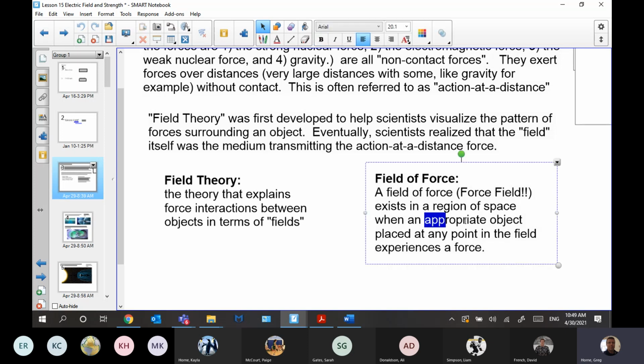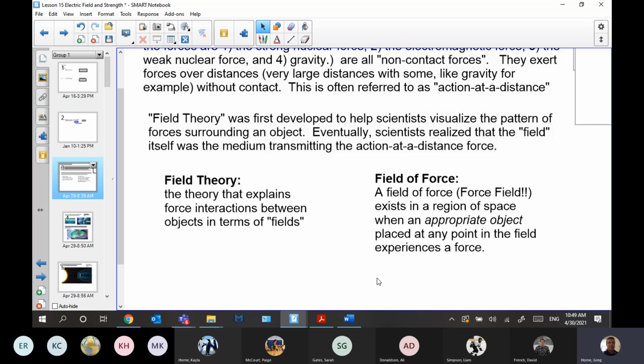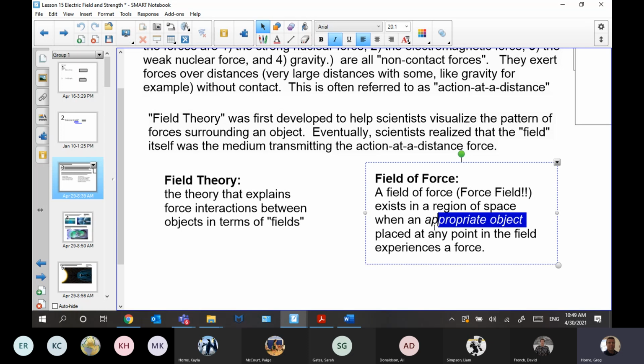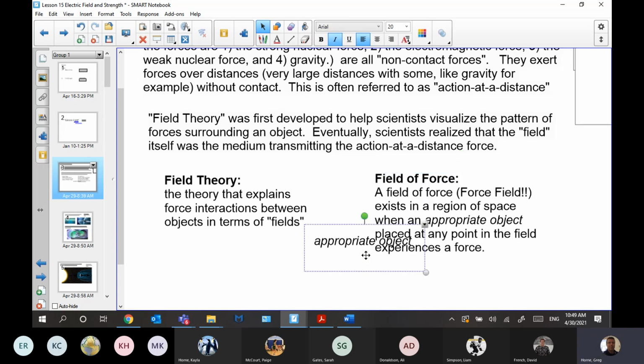What do they mean by appropriate object? Well, we're talking about a charged object if we're talking about an electric field, like a charge. If we're talking about a gravitational field, we're talking about a mass, etc. So here, appropriate object.